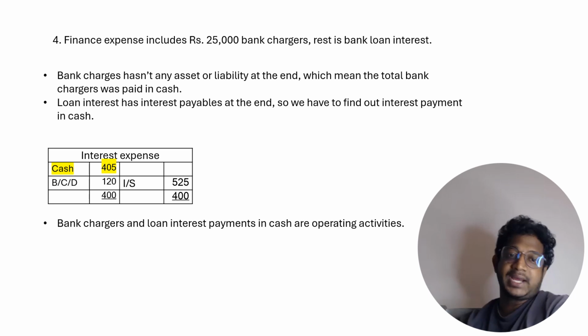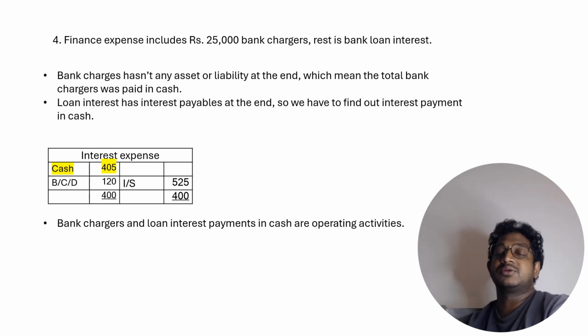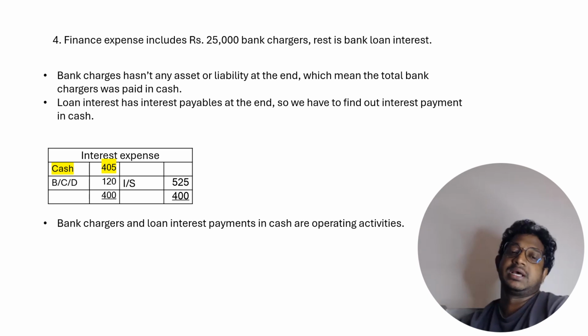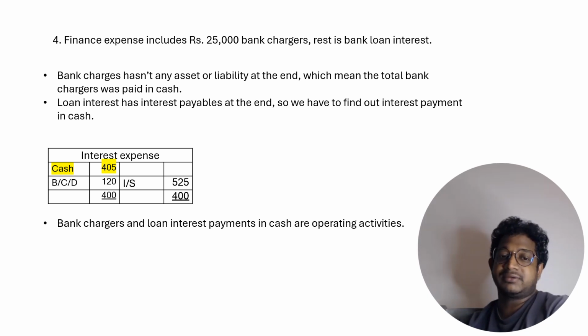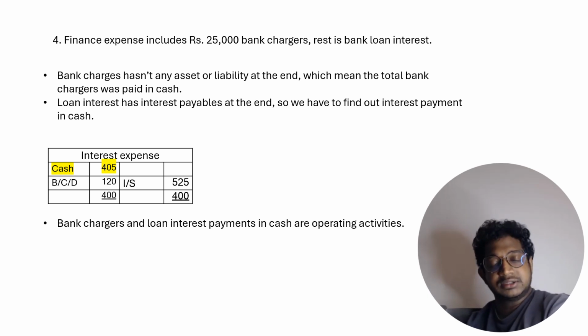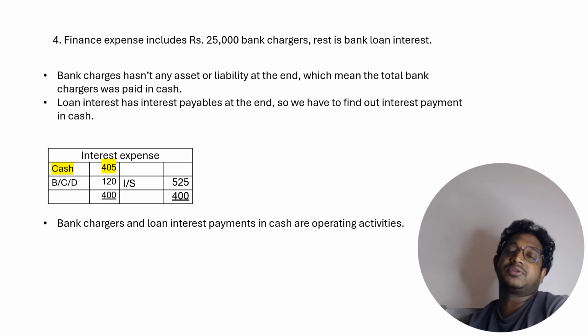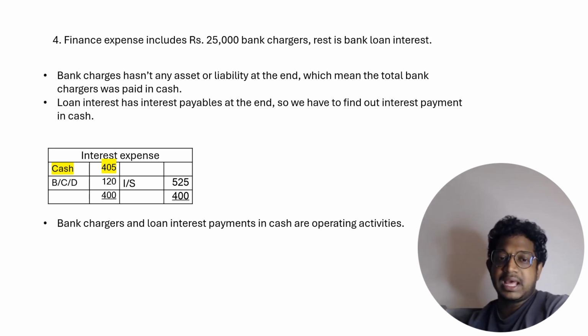Fourth one, it says finance expenses include 25,000 bank charges and the rest is bank loan interest. The finance charges that appeared in the income statement is 550. From that 550, 25,000 is bank charges, and the total bank charges for the year you paid in cash.